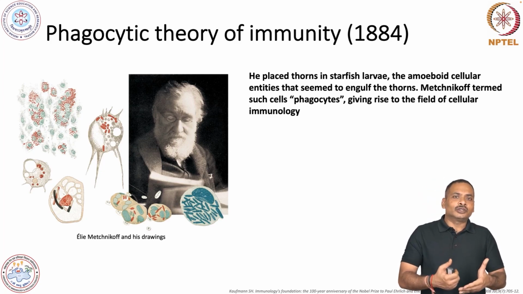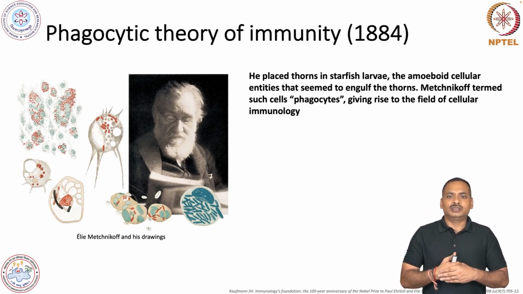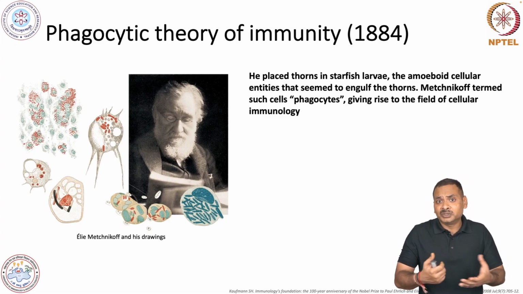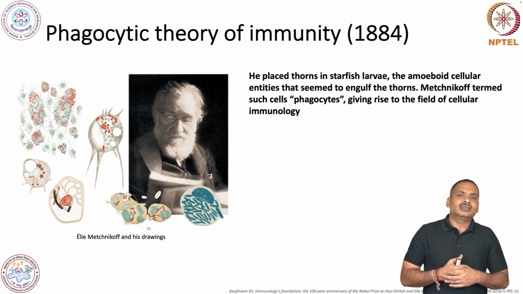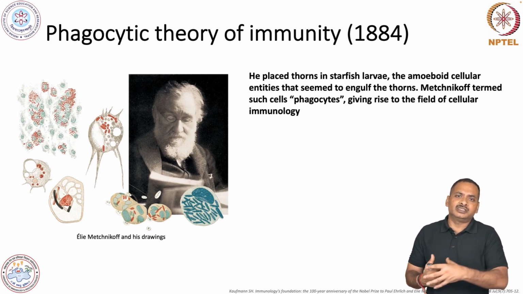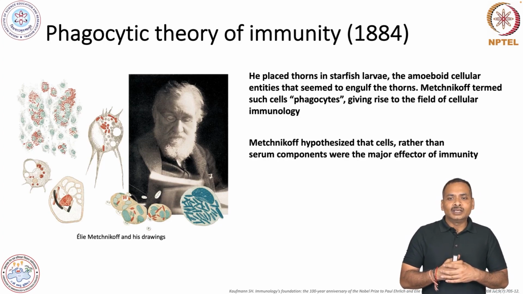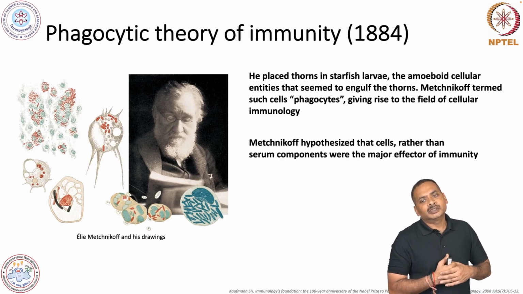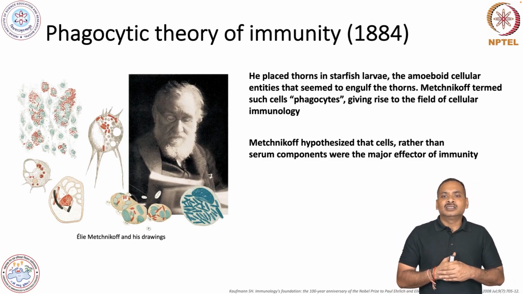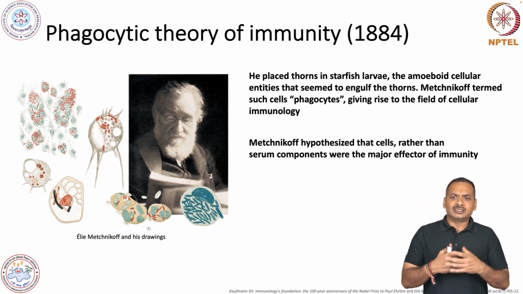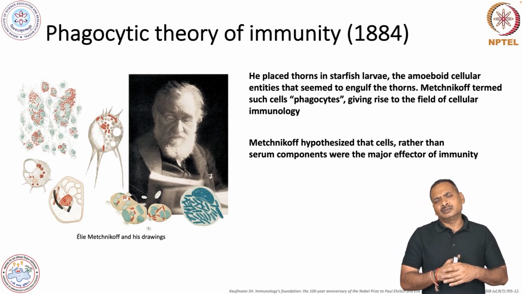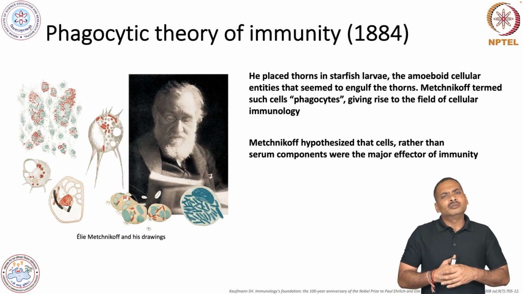And then his theory got a lot of support, because he demonstrated that there are some cells which eat the pathogen or eat the foreign thing. So, this gives the concept of cellular immunity. Metchnikoff basically hypothesized that the cells, rather than the soluble component, play an important role in defense.